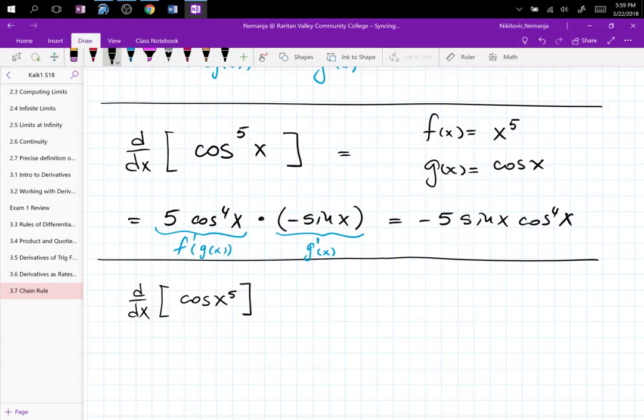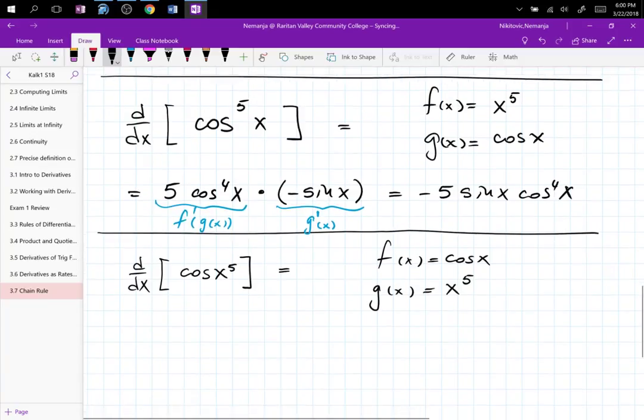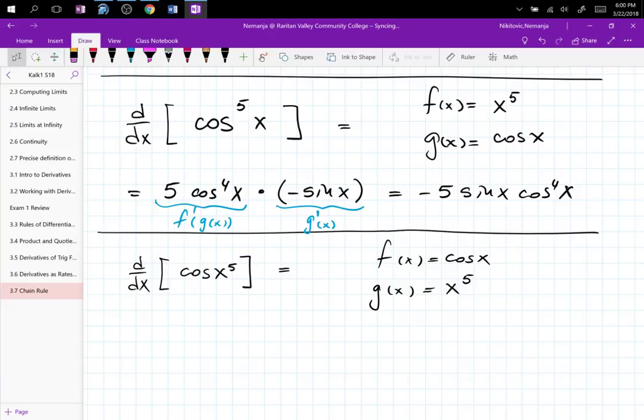Now cosine of x to the 5. What's f? Nice. That was g. See how they switched? I just moved the 5. But then the first problem has 5 cosines that multiply each other.